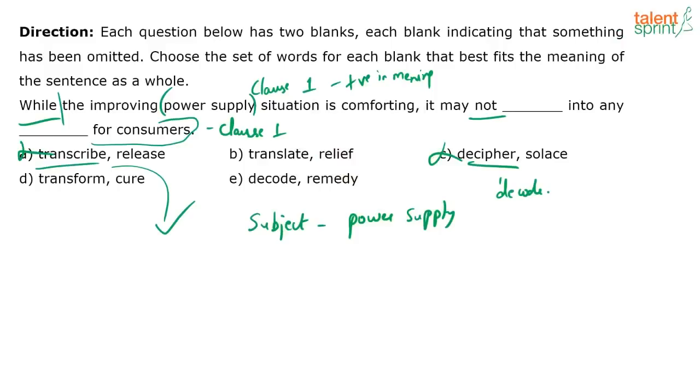Another way to look at it is go from blank to blank. Mamta says, it is not providing any sort of solace. Solace means some sort of comfort. Same thing, because comforting is there, probably that's why Reshmi said, okay, let's go with solace. Blank 2, right word, but decipher is a wrong word for blank 1.